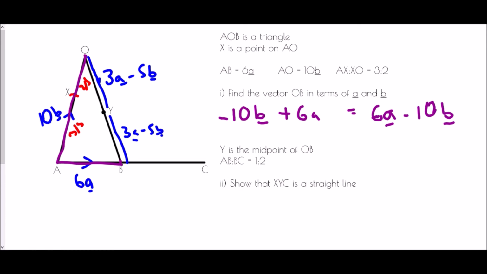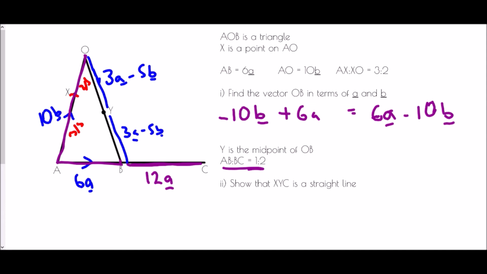Along the bottom of the diagram, we were told here that AB to BC is 1 to 2, meaning that this length here is twice of AB. Now AB we have called 6a, so BC must be twice that. It must be 12a.